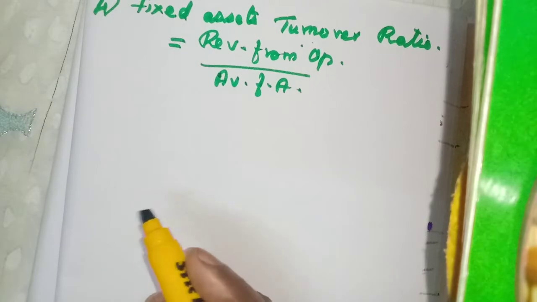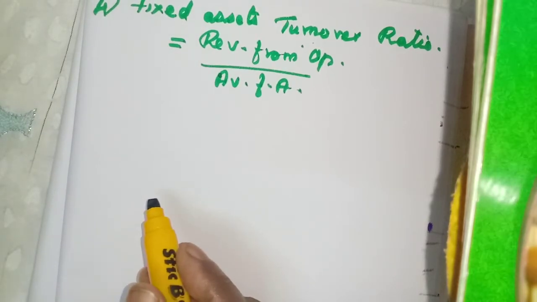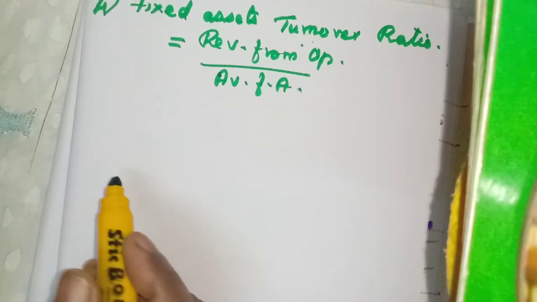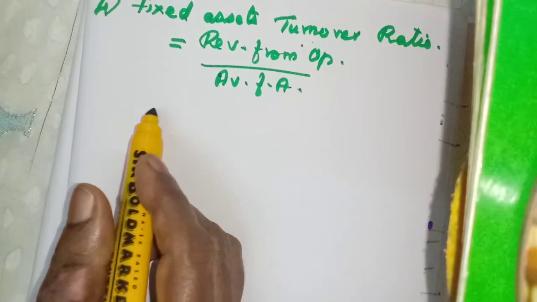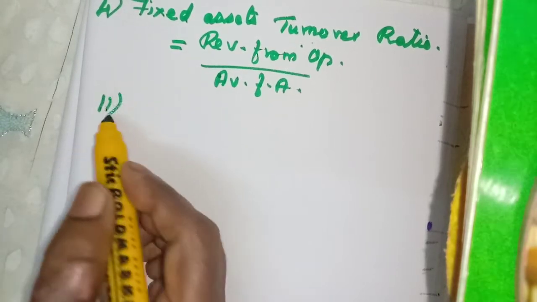Here no conversion period, no need to calculate. Now shall we do the problem here? Fixed assets turnover ratio. Which problem? The 11th one.